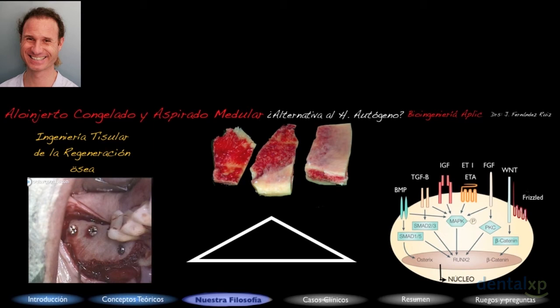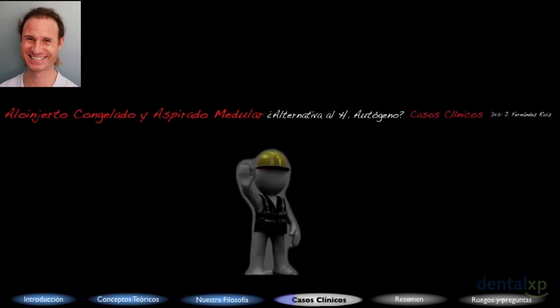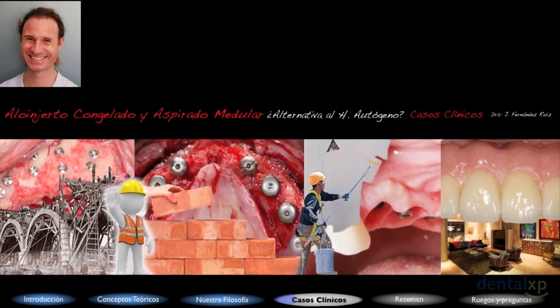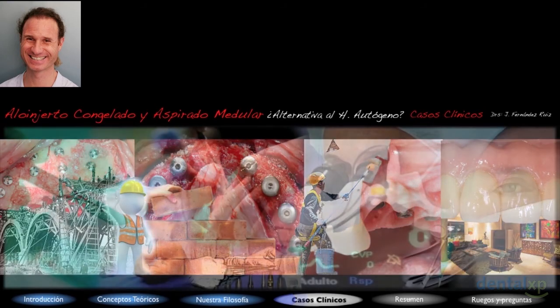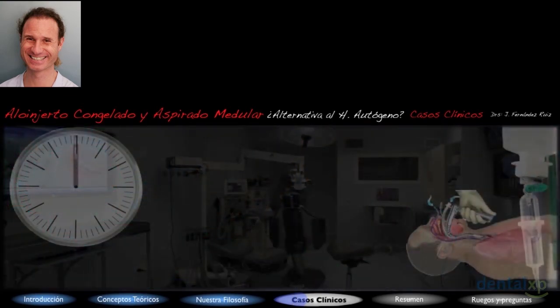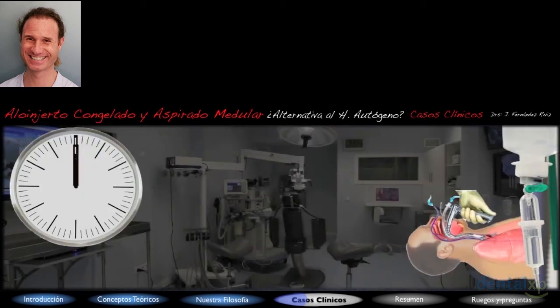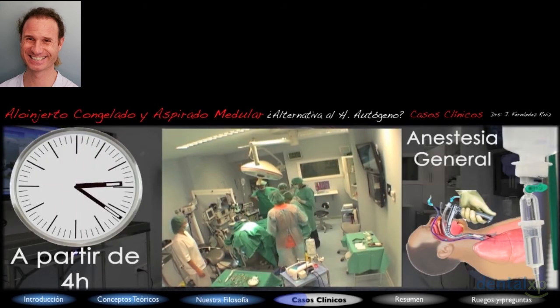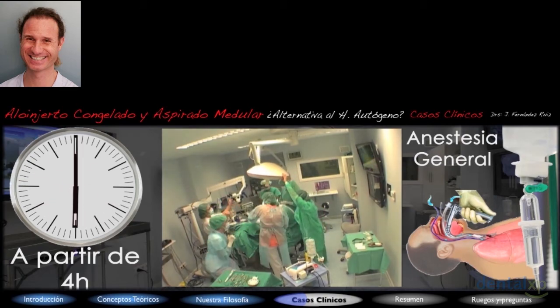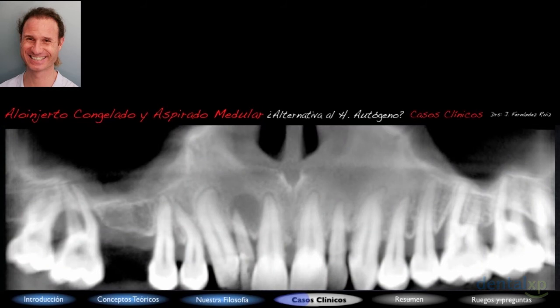Now we will see some cases in which we have used these techniques. In this sense, I would like to start with a simple case of a patient, not so easy, because he had an adenoma and has been intervened, and he is on hormonal therapy, and he is very afraid of surgery.